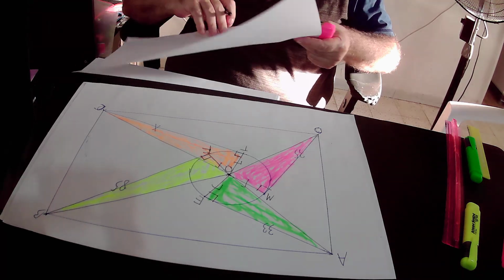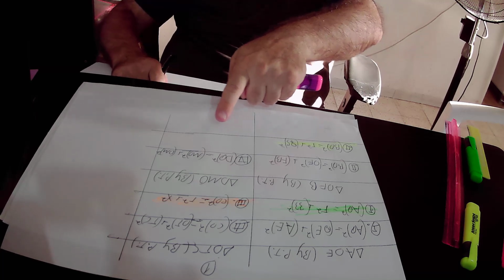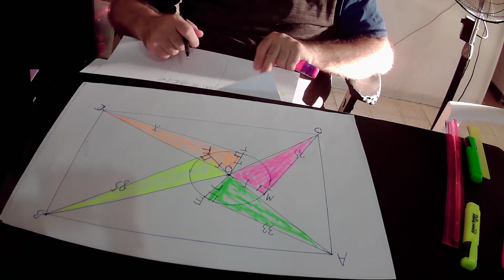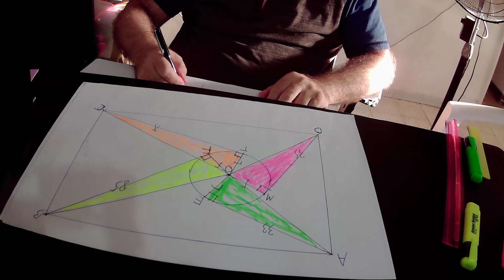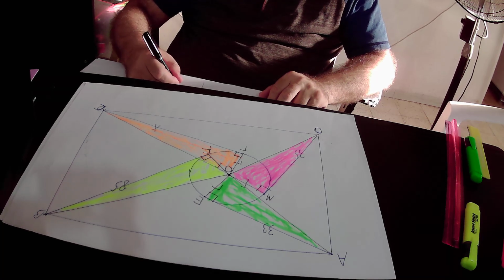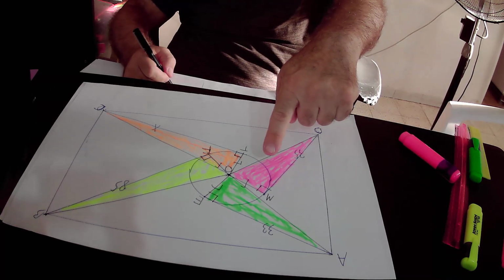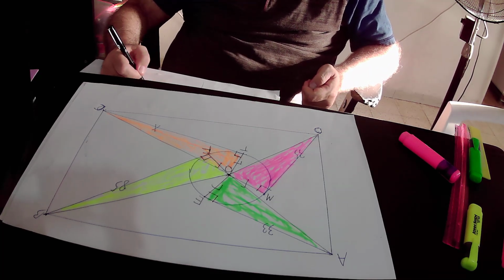Repeat again, in the right pink triangle DMO, according to the Pythagoras theorem, DO square equals MO square plus DM square. So DO square equals MO square. MO equals R, therefore MO square is R square, plus DM square.